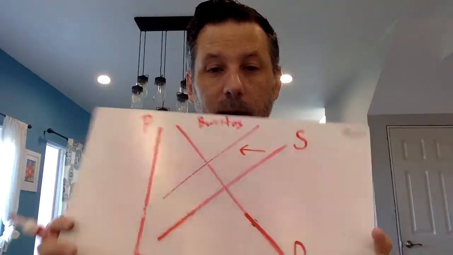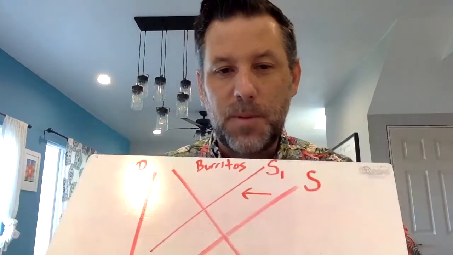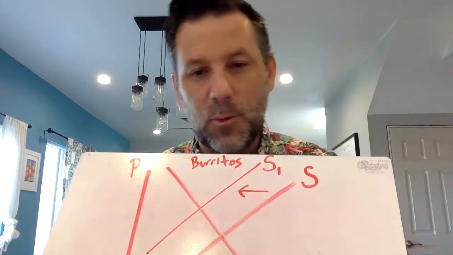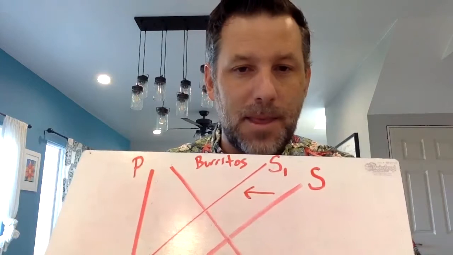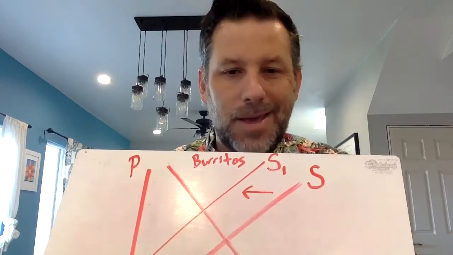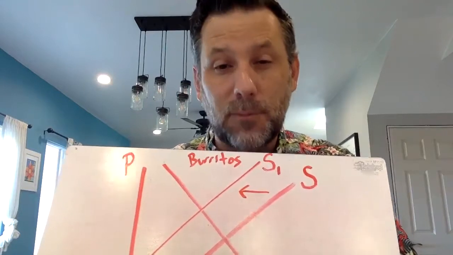See that here? We want to label it. I'm going to label it S1. I usually do S and then S sub 1. Some people start with S1 and then their new one is S2. Some people do S naught, or S sub 0, and then they shift to S1. It doesn't really matter as long as somebody else can read your graph.